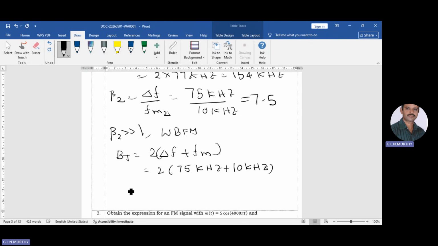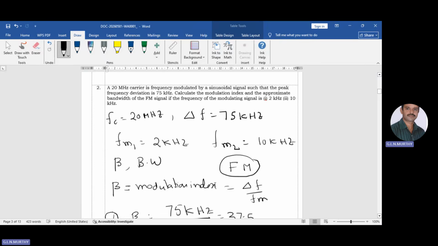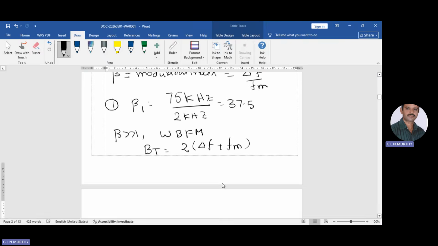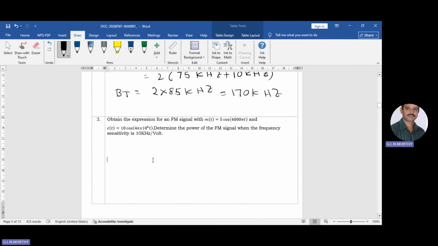So the transmission bandwidth for case 2 is 2 into 85 kilohertz, around 170 kilohertz. Hope you understood. See, the first variety is different, the second variety is different. If you know the fundamentals, you can do any example like this.